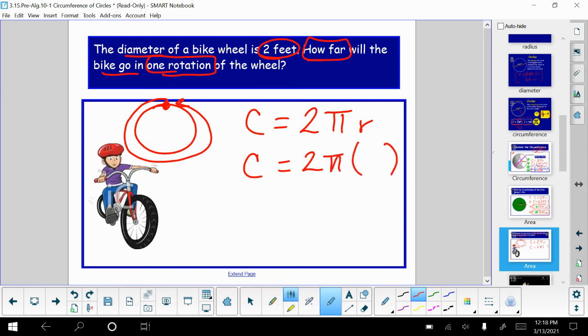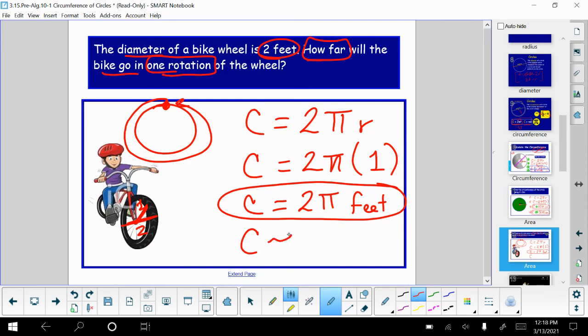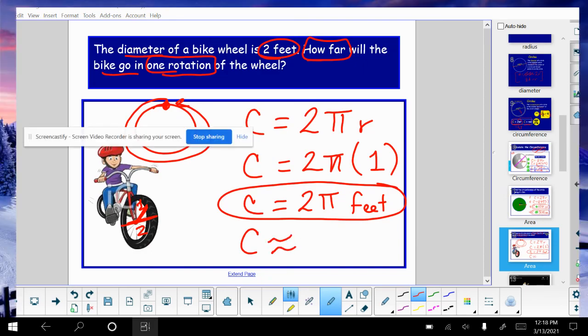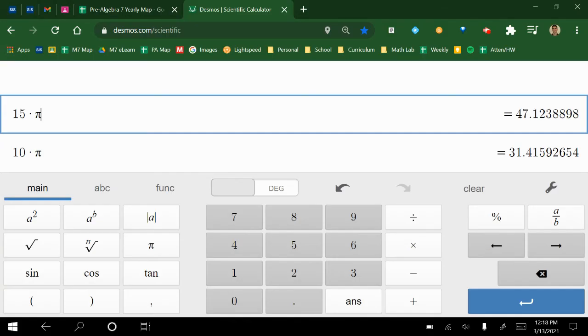Now, Mr. Callan sees if the diameter is 2, that would mean the radius is precisely half of that, or 1. So the exact answer, 2 times pi times 1, could be simplified to 2 pi feet. Let's also come up with an approximate answer. 2 times pi should be simple enough.